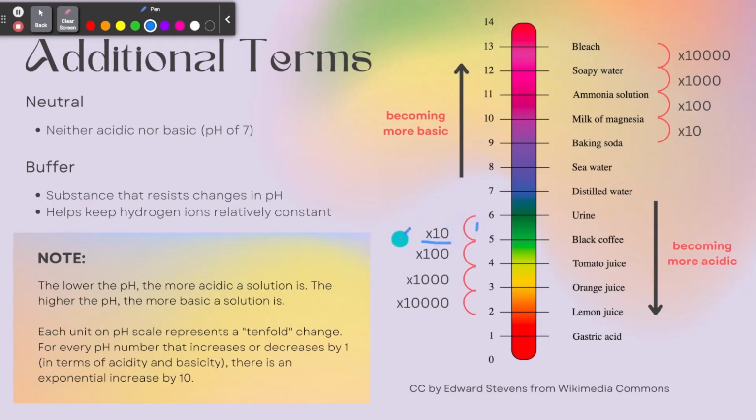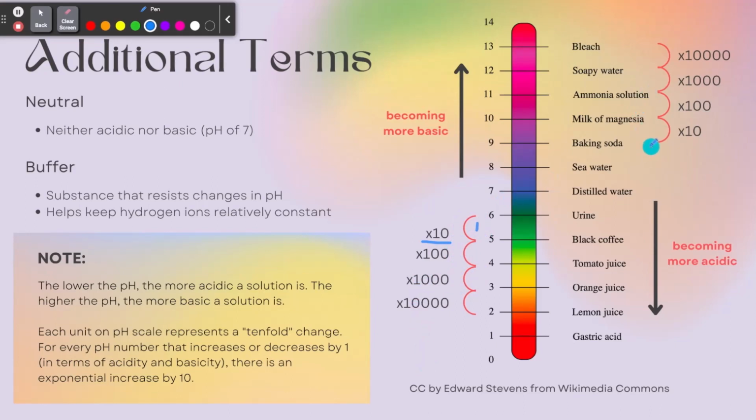But when we're talking in terms of how acidic or basic something is, it changes by a multiple of 10. And this number exponentially adds up. So if you jump twice from, let's say, a pH of 6 to 4, it would increase by 100. And then you could say if you jump 3 times here, then it would increase by 1,000, and so on.